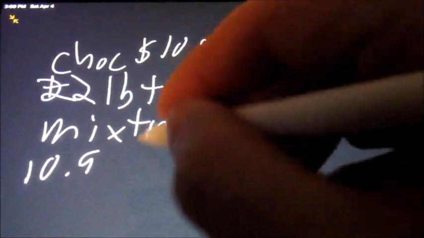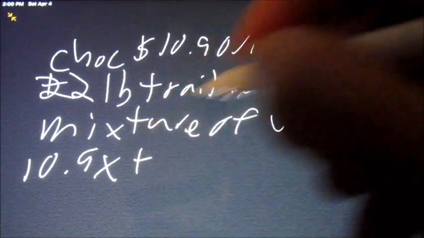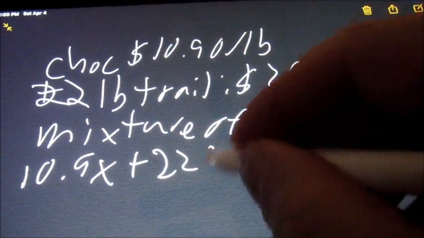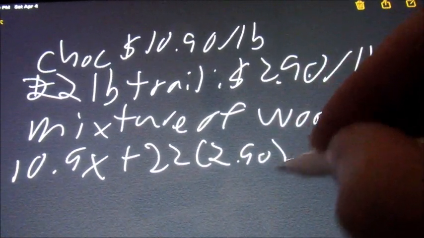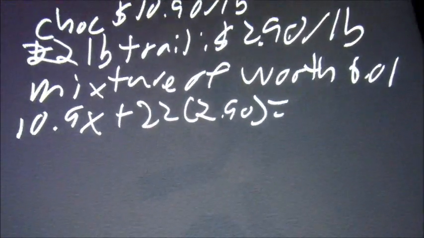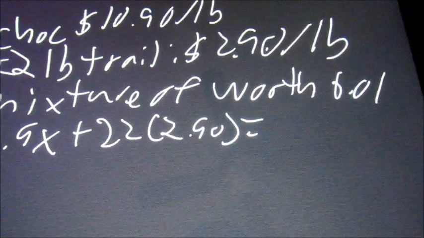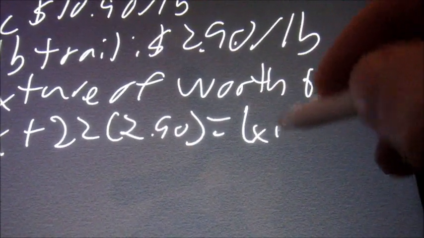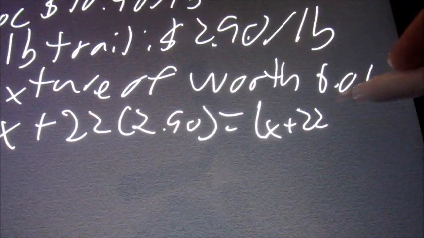So 10.90x plus, and we know that we have 22 pounds of trail mix that costs $2.90, and that equals, so we don't know how much a total mixture is going to be. So it's going to be x plus this 22.